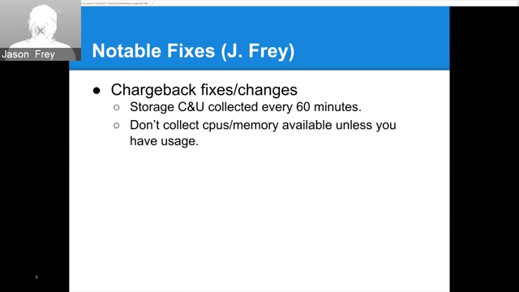So it sort of looked like you were using 0%, but the VM may not be running, for example, and it doesn't make sense to have charges applied to the number of CPUs available if the VM isn't on. So the fix there is to not collect any of those derived values unless there are corresponding usage values as well. And that should clear up some of the math in chargeback. Next slide.